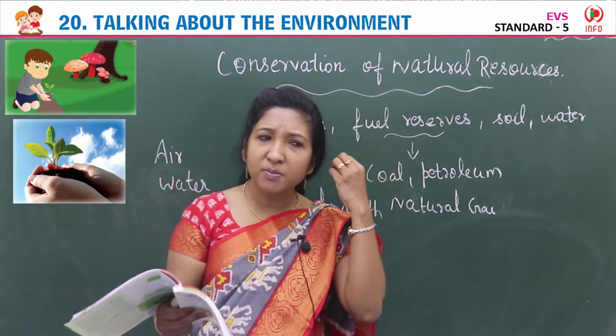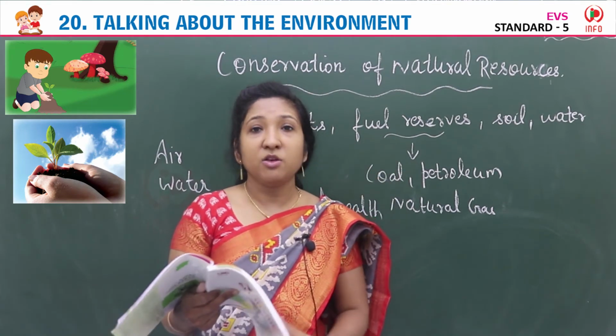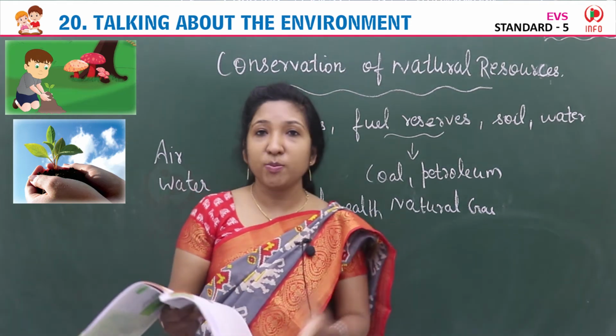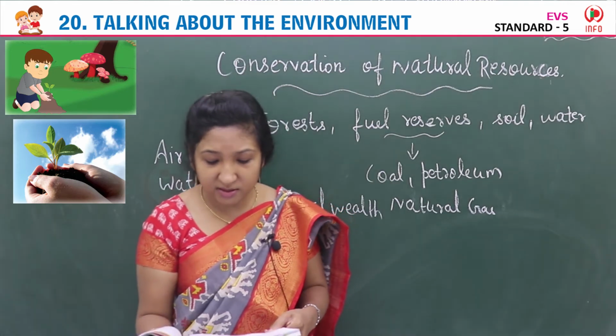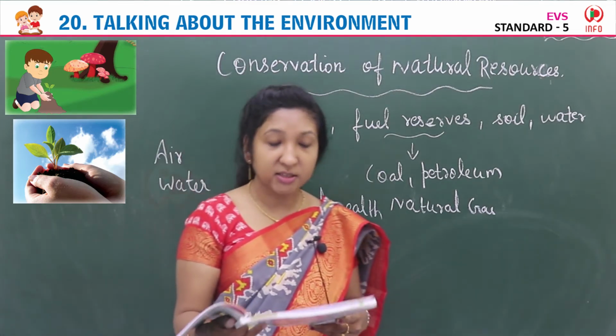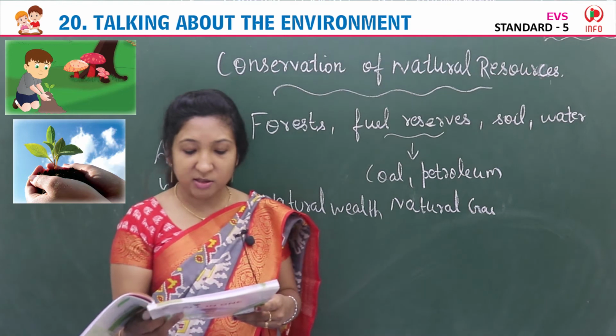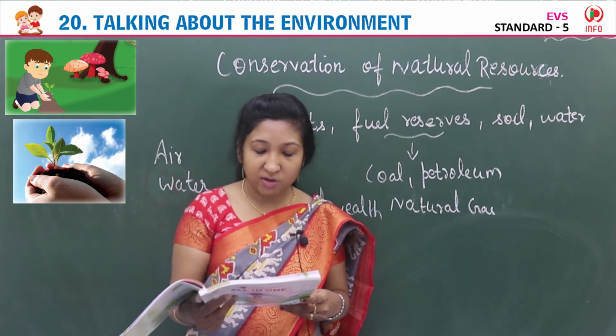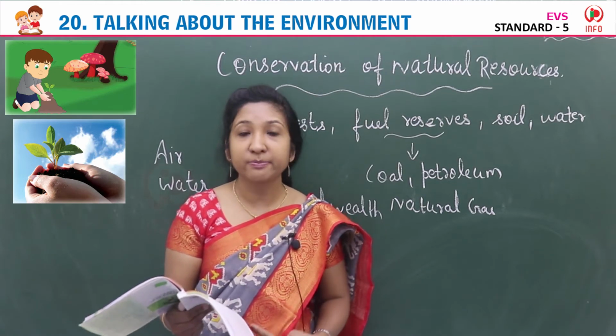Ruthlessly means without mercy. They are simply making use of this, and because of that we are in a danger position now. We are using these resources to such an extent for our demands, which leads to exhausting of these reserves and consequent depletion of the quality.